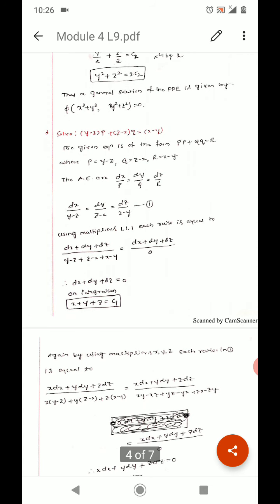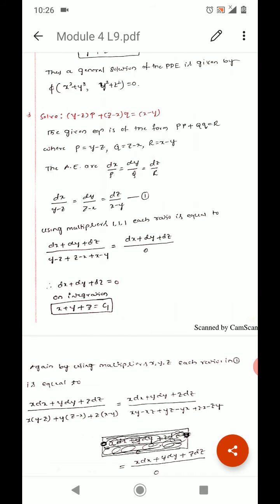Therefore we get dx plus dy plus dz equal to 0. We use this method to eliminate the denominator terms.